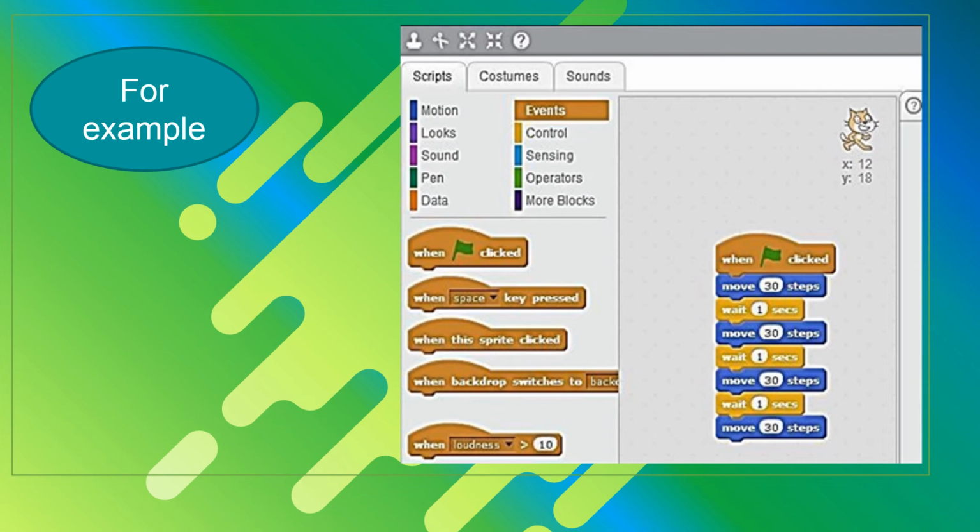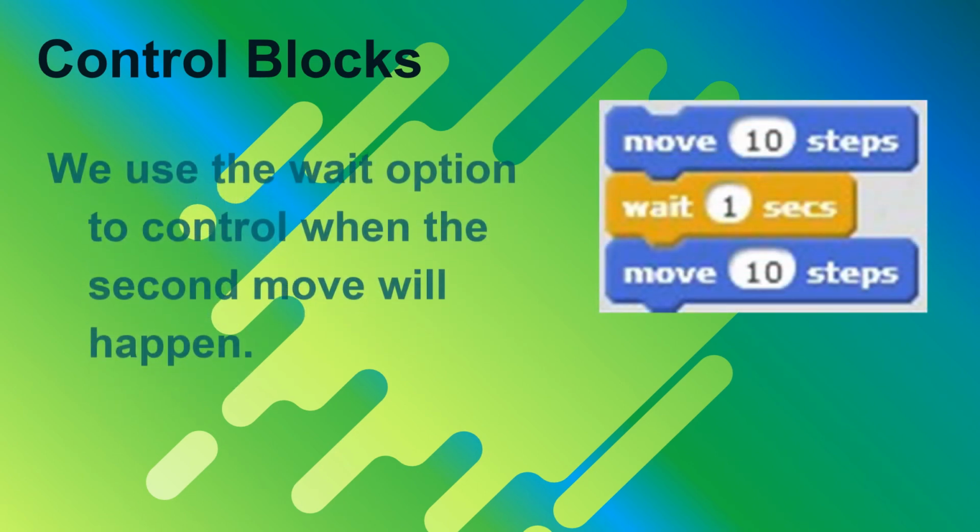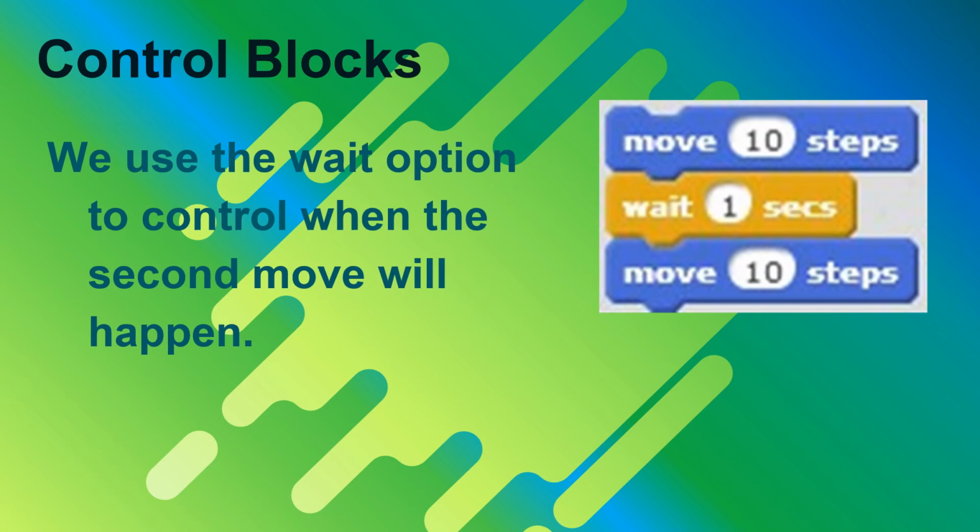So when you click this green flag, these motions are going to take place. Now the control blocks. We use the wait option to control when the second move will take place.